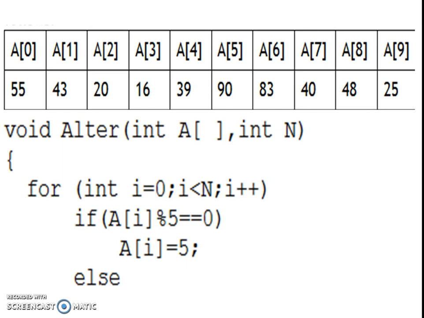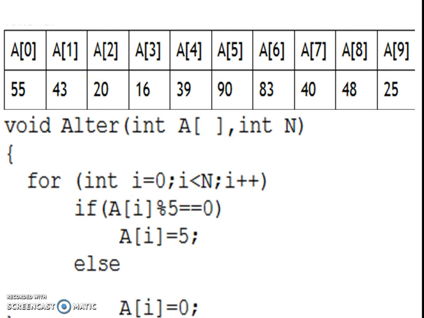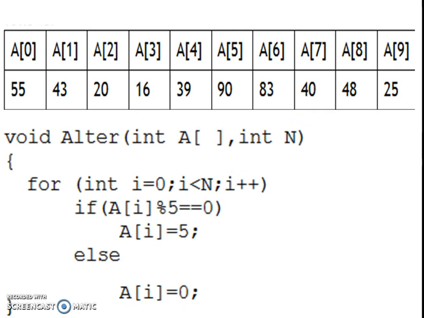Now in this else, we are assigning 0 to that particular index where the element is not a multiple of 5. So for that we write a of i, and we assign 0 to that element. And after this, we have to close this. So here we are closing our curly brace.